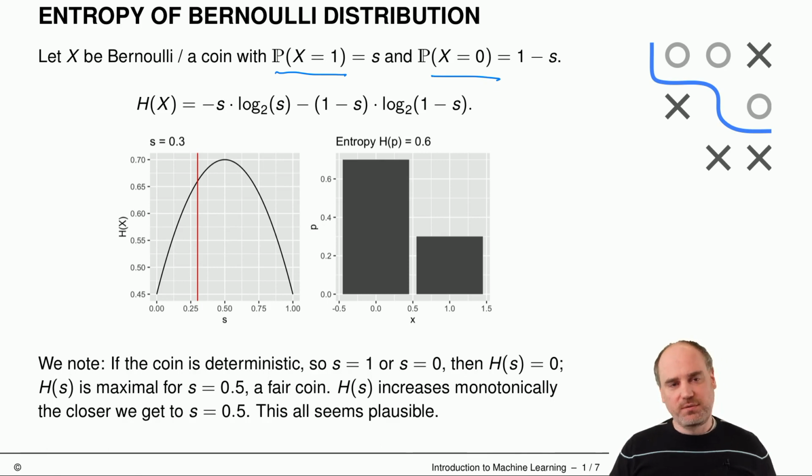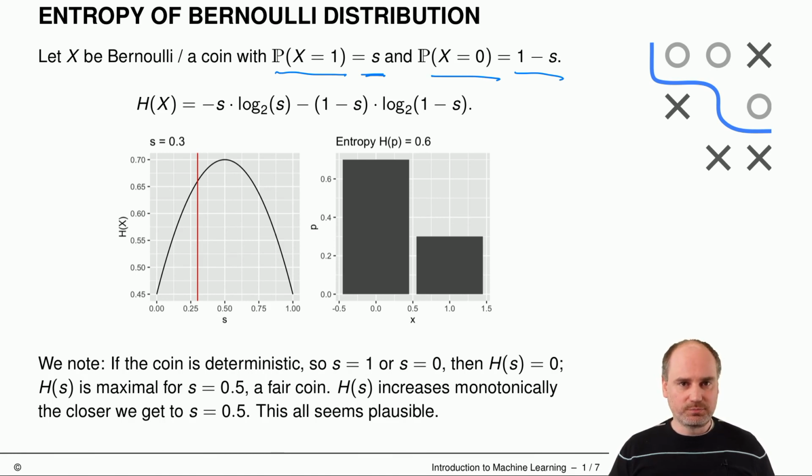So of course this is basically a coin toss, heads or tails, but not necessarily a fair coin toss with a 50-50 probability. So we now have a success probability of S. That's just our symbol here for P of x equals 1. And we have the counter probability 1 minus S, which is simply the probability of observing a failure, of observing a 0.